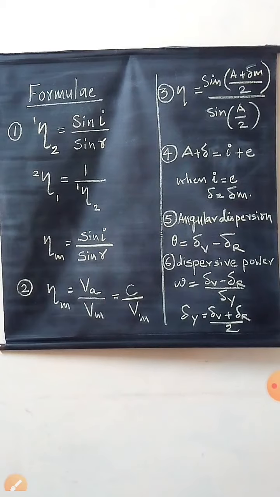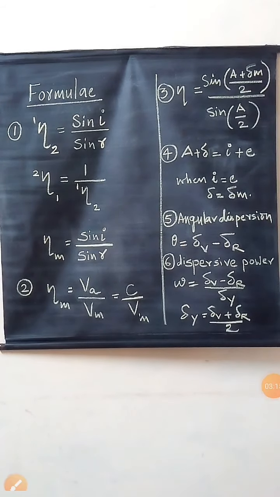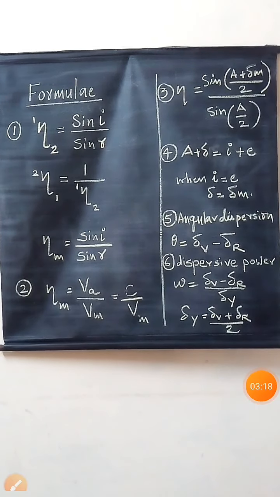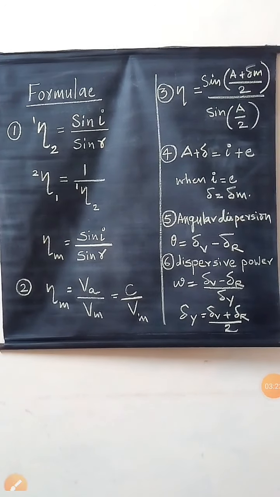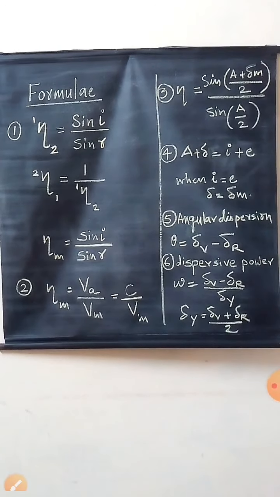Next formula, formula 4, for any prism we have angle of incidence I plus angle of emergence. Now in a special case when angle of incidence I is equal to angle of emergence E, then we have seen that the angle of deviation delta has its minimum value delta M.